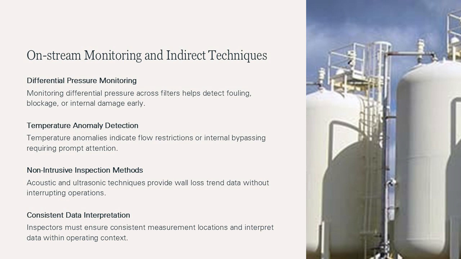Where applicable, non-intrusive techniques such as acoustic monitoring or external ultrasonic thickness measurements may be used to assess wall loss trends. Inspectors must ensure that measurement locations are consistent and that data is interpreted in the context of operating conditions. These practices support API 570 requirements for condition monitoring and help determine when off-stream inspection or maintenance is necessary.